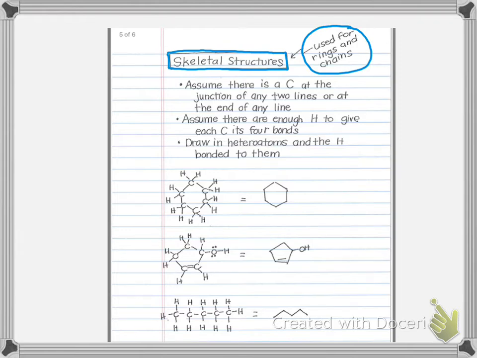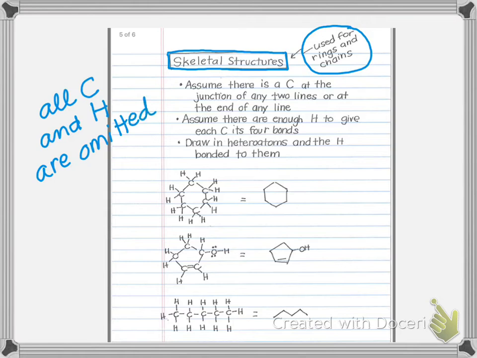So what you're going to do is take out all of the carbons and hydrogens. Remember, carbon is the backbone of these organic molecules, and you're not going to be writing any of them. You won't write any carbons or any hydrogens that are associated with them.